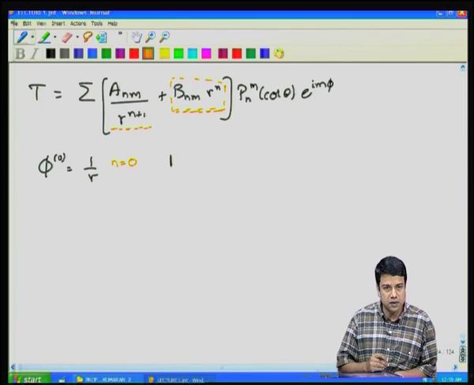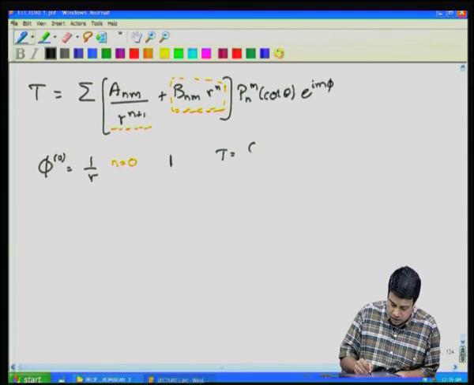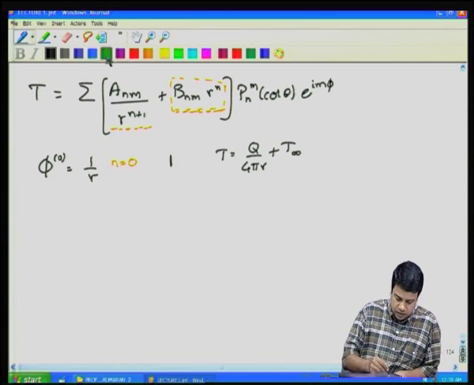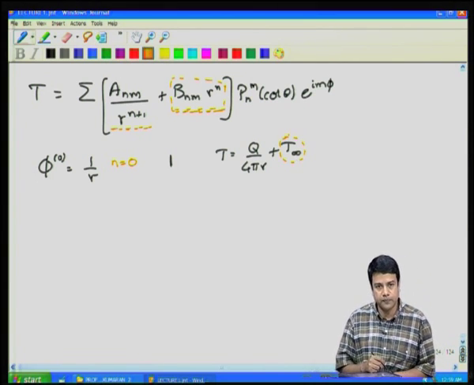So, corresponding to the source solution 1 over r, there is also a growing harmonic solution which is just a constant, which is not too surprising. If you recall, when we solved for the temperature field, we just got q by 4 pi r plus T infinity, and this is the constant solution.